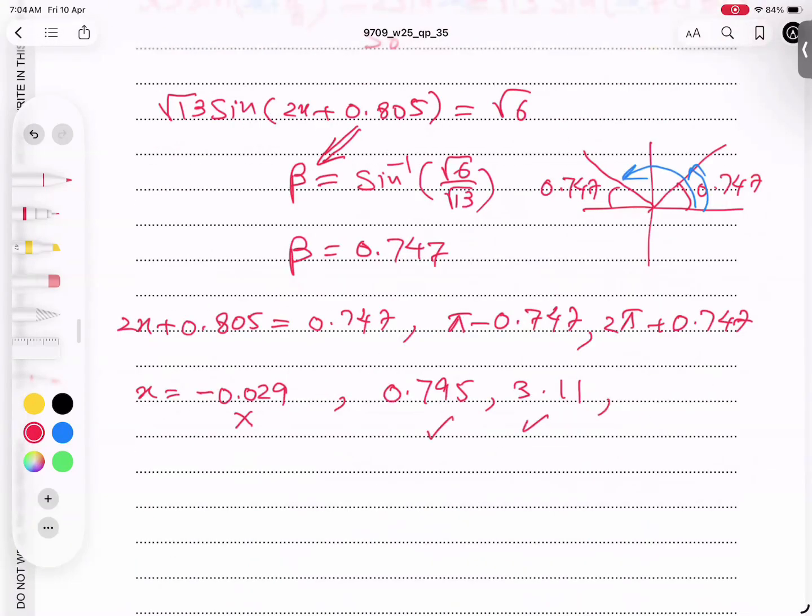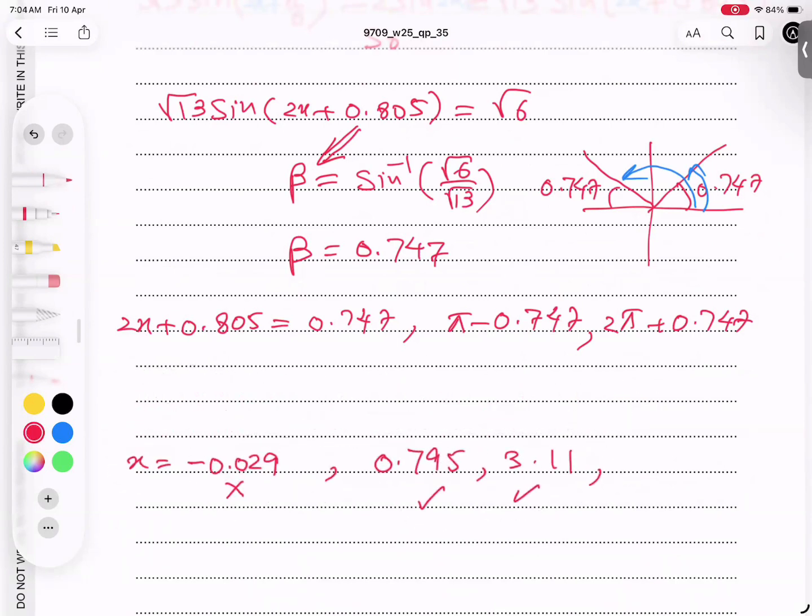And if we check the fourth answer, what is that answer? Because these are principal angles, I added 2 pi here. If I add 2 pi in the next answer, what happens then? 2 pi plus pi minus 0.747, then I bring this value there, minus 0.805 and divided by 2.